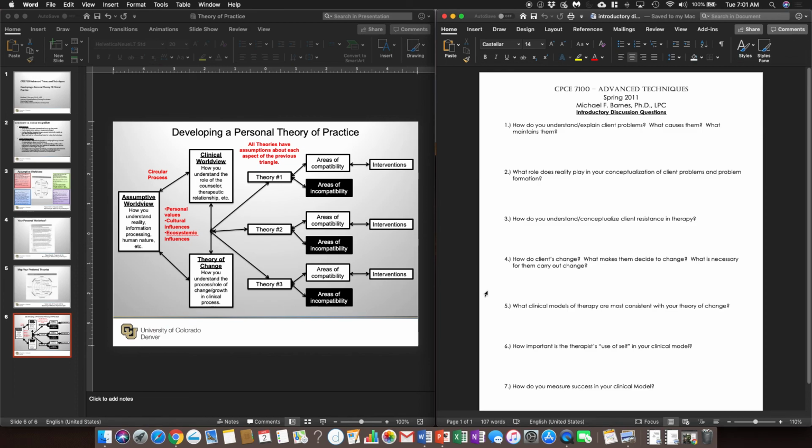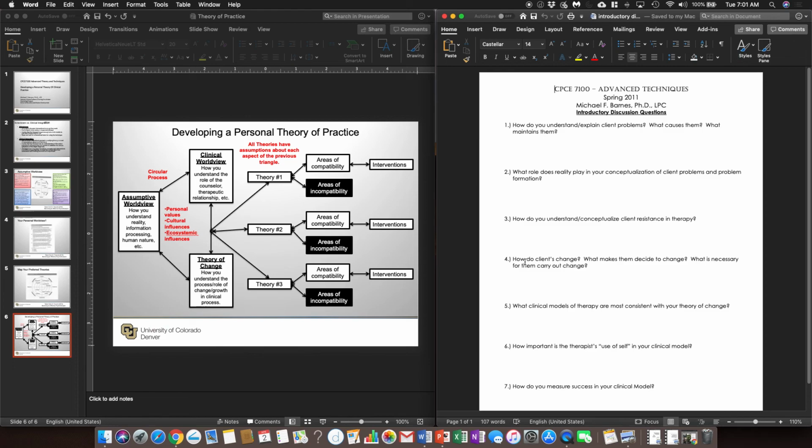And so, again, if we fall into the school of thought that epigenetics, the transgenerational transmission of problems, is really what's happening with the clients that we work with, that's going to create a very different set of therapeutic interventions than if we fall to the other side of that.